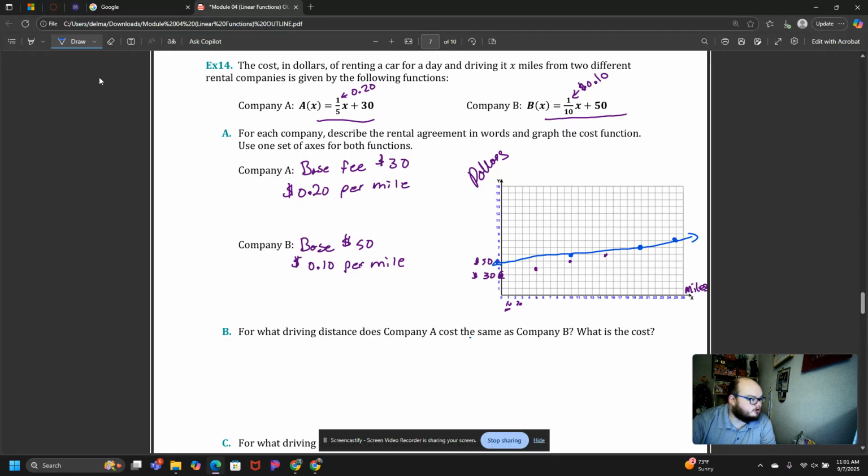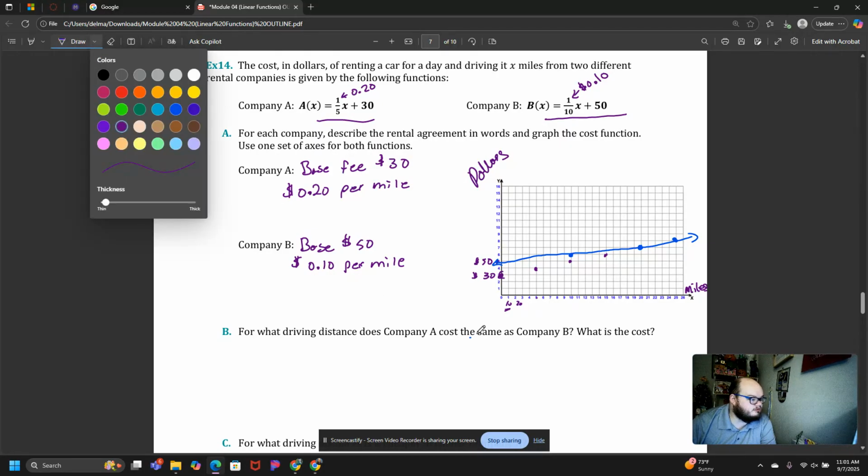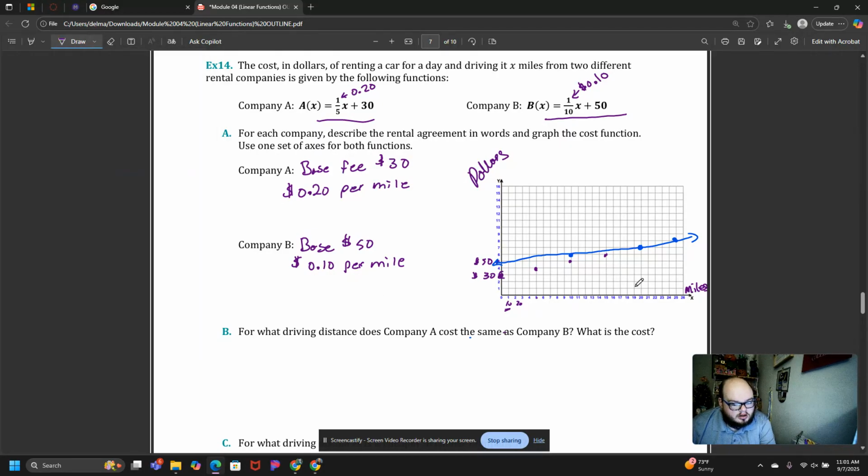Now if I go back to my other pen, these graphs are always a mess to draw. So at 250 miles, for this person, they're at $70 at 200. And then, that's what I've done wrong. I was counting by the same thing over there. Okay, so it really is what it should be.